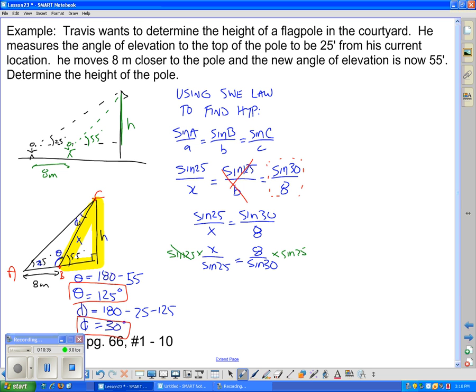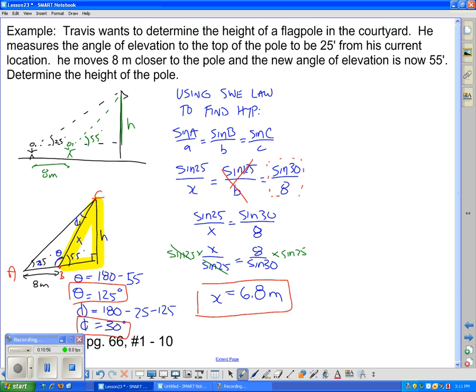What it does is it isolates our x value. So 8 multiplied by sine 25 divided by sine 30. So let's call it 6.8 meters. So that missing length, the hypotenuse of that triangle, is 6.8 meters.